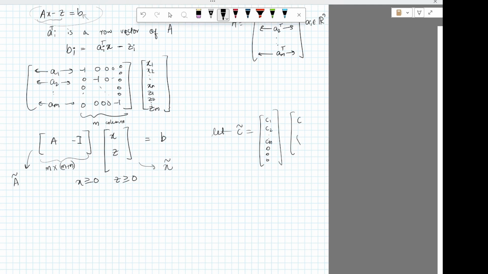So it is c and 0. So I have c transpose x tilde, A tilde x tilde equal to b, x tilde greater than or equal to 0.